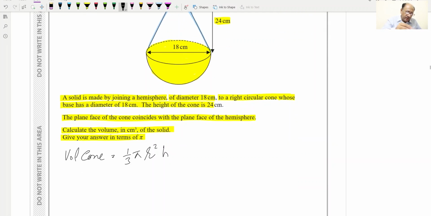So we will write the values in this formula. So 1 by 3 pi, and r will be half of 18. From this point to this one will be the radius of the cone, and the radius of the cone will be half of the diameter, which is 9. So we can write here 9 squared into h, which is 24.